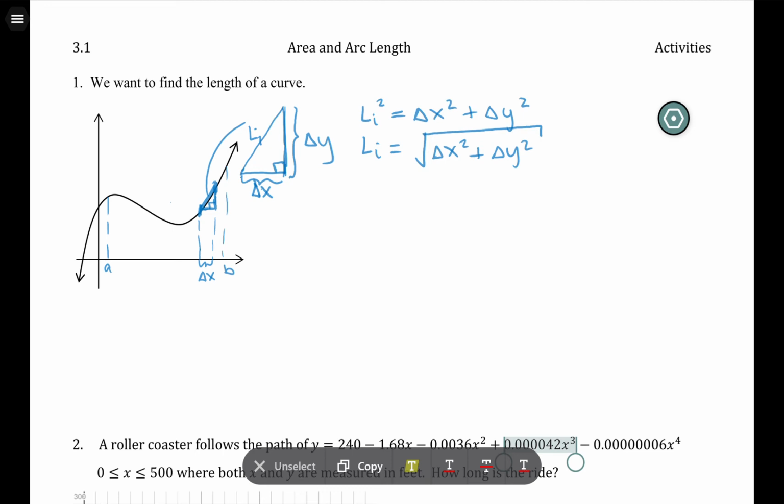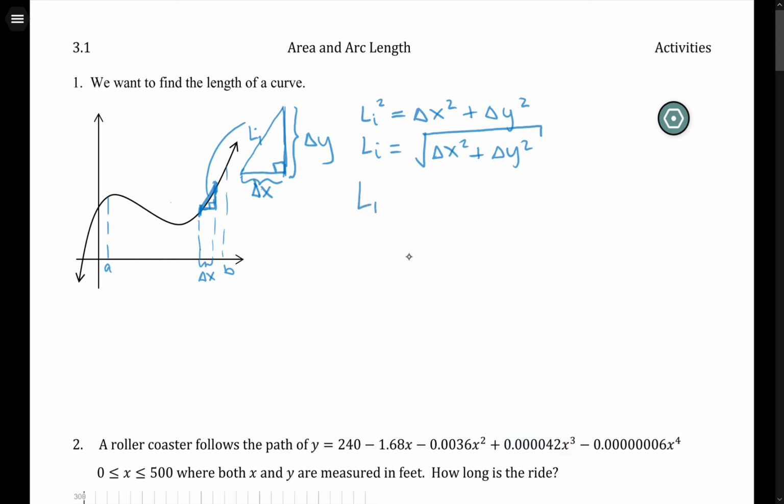So the first thing I'm going to do is factor out a delta x squared under the square root. So under the square root, I have delta x squared, and that's going to leave me with a 1 plus delta y squared over delta x squared. And I can do a couple of nice things here.